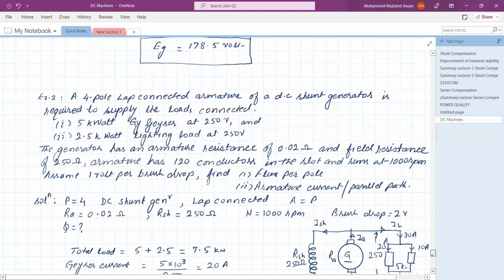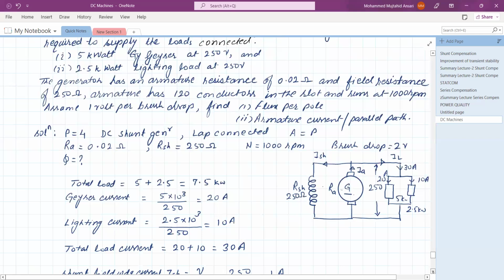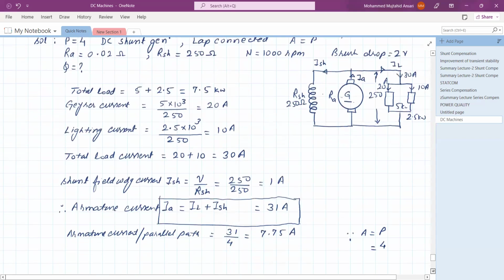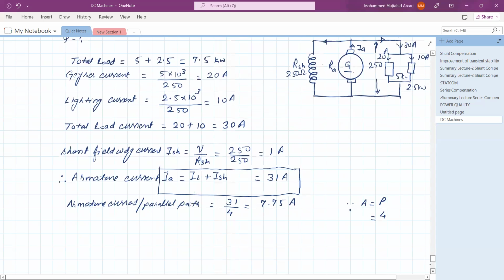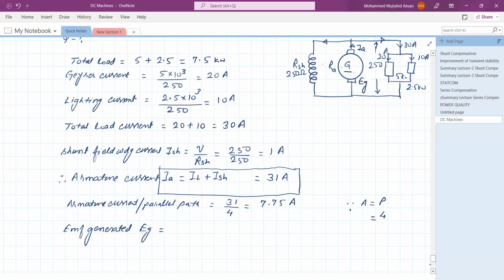Next parameter is flux per pole. So to determine the flux per pole, it is very much necessary to determine the generated EMF. And from this generated EMF formula, we can determine the flux per pole. So EMF generated EG is equal to... Now, if you apply the Kirchhoff voltage law, it is the EMF generated, the current IA is flowing, some resistance is there, brush drop is there, and this is the terminal voltage.